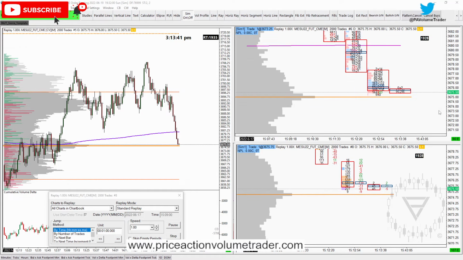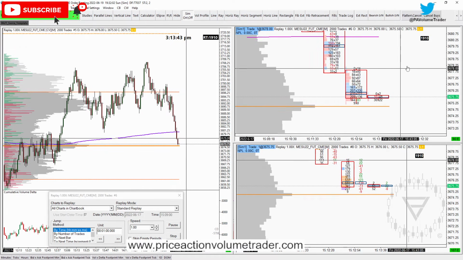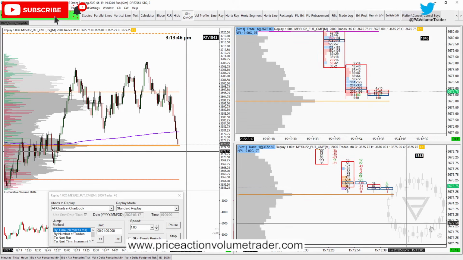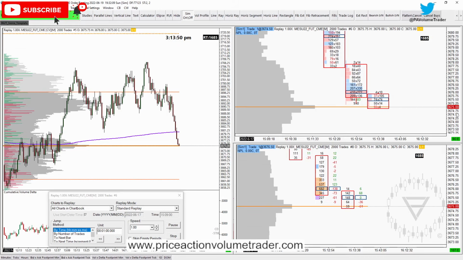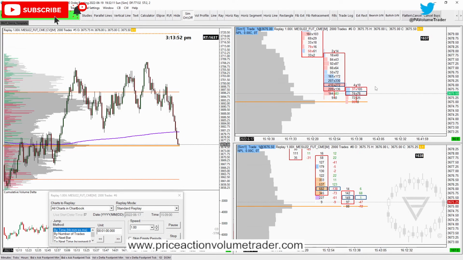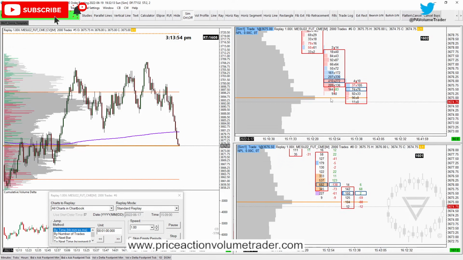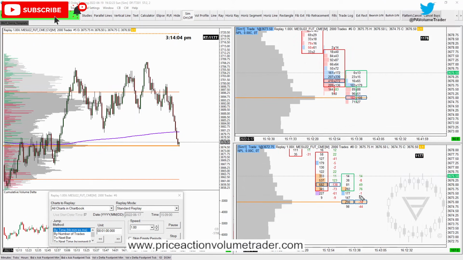Now the market is going to touch the point of control here at the orange line. So I'm just expanding this because I know it looks very scrunched up, but I just have to fit everything on the screen. Okay, we just touched the point of control.